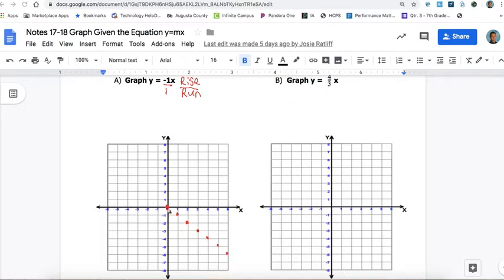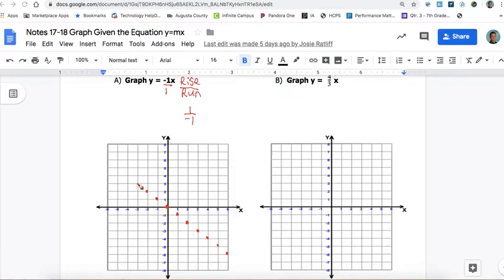Now, when I go this way, I have to do the opposite of what I just did. And let me show you what happens with the rise and the run. So remember, when the slope is negative, I can put the negative on the top or the bottom. So if I switch it, now it allows me to go the other way. So watch. Up +1 over -1. Up +1 over -1.